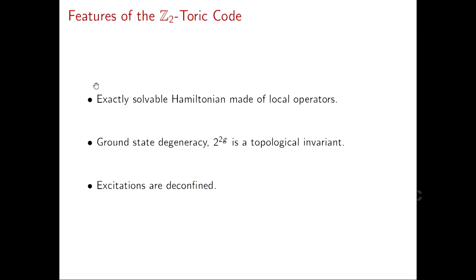Okay, so now I'm going to show you this other model which is based on groupoids, in which I change all these features. So the Toric code is effectively described by some topological field theory at the ground space level. But now I'm going to show you how I can change these features by changing the group to a groupoid.